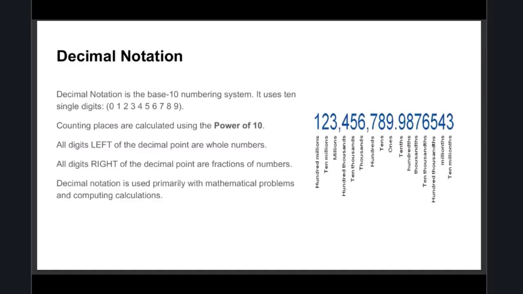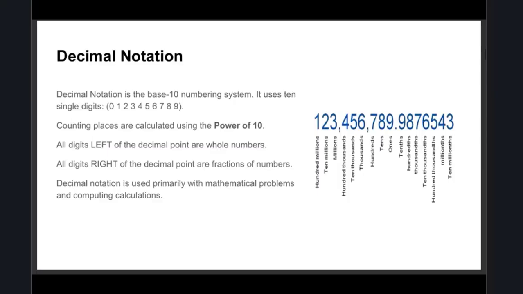Decimal notation is a numerical system we use within our mathematical equations and computing calculations. It is what we call a base 10 numbering system. Within decimal notation, we can use all of the individual numbers or digits 0, 1, 2, 3, 4, 5, 6, 7, 8, and 9.